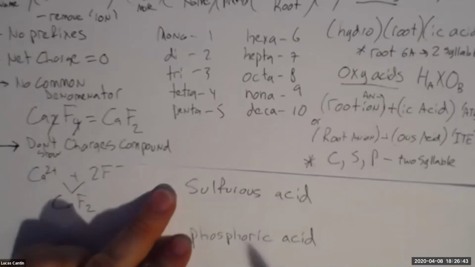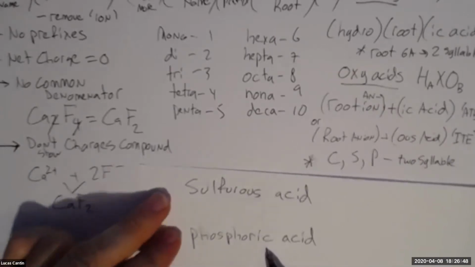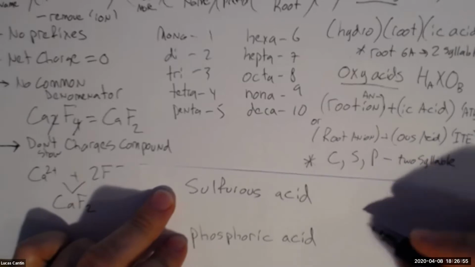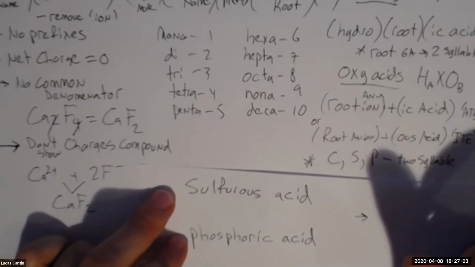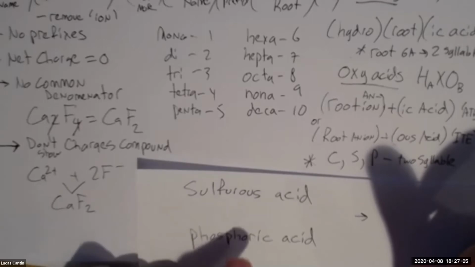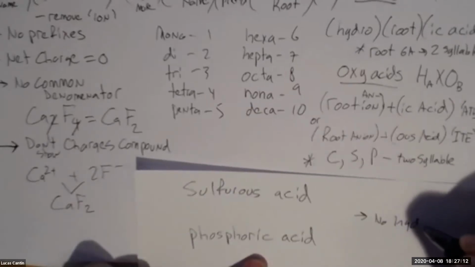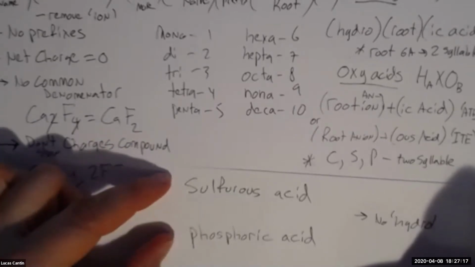It doesn't have OUS, but both of these are oxyacids. How do I know? They're OUS or ic, right? Well, but the binaries also end in ic acid. So how do I know that one's not binary? They don't have the hydro in front of it? Yeah, no hydro. If they don't have hydro, then these both are oxy.